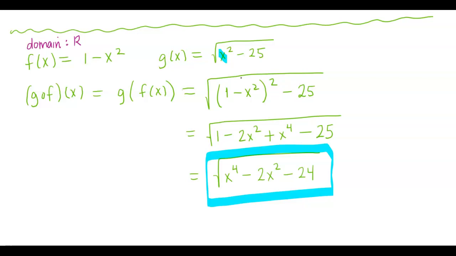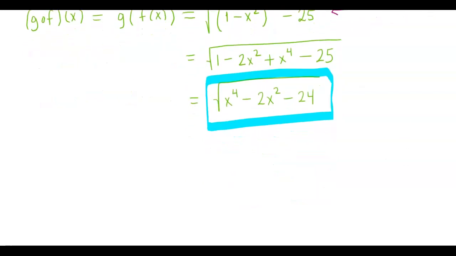Let's look back at the function right at this stage, right here. What's underneath the radical symbol there has to be greater than or equal to 0, right? So I need 1 minus x squared squared minus 25 to be greater than or equal to 0.